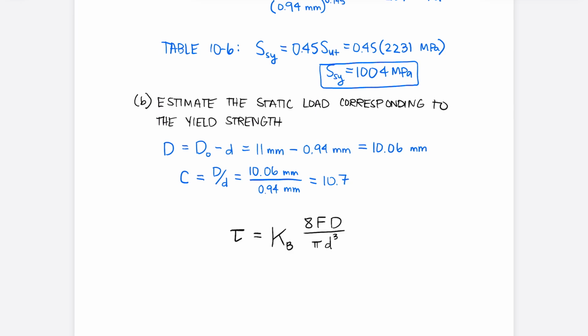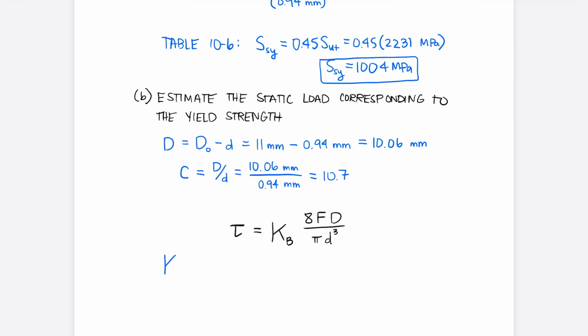Okay, so I have everything I need in this equation except for Kb, our Bergstrasser factor, which we can calculate from 4c plus 2 over 4c minus 3.